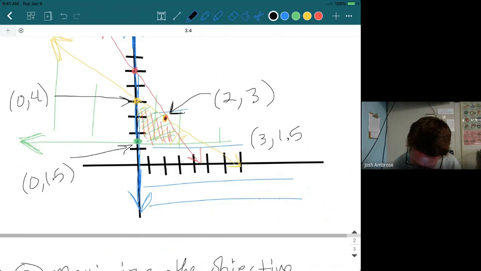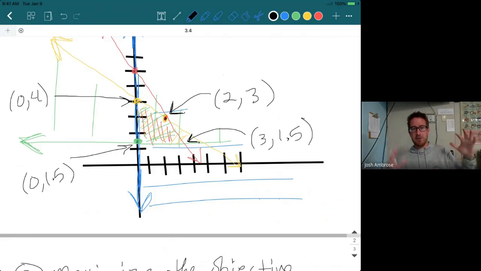Okay, and that's actually going to be this guy right here. So you can see we have our 4 vertices, all right? (0, 1.5), then (0, 4), (2, 3), and then (3, 1.5).